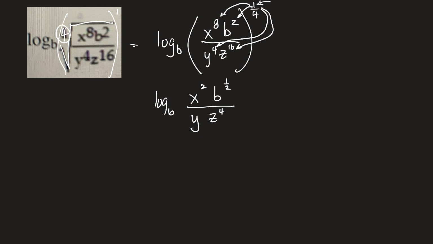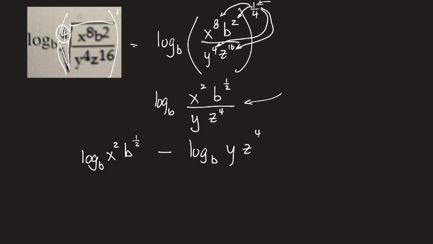Now I can change this, and you could do product law or quotient law. I like to do the quotient law to start. So I'm going to say it's log base b of x squared b to the 1/2 minus log base b of y z to the 4th. Quotient law.